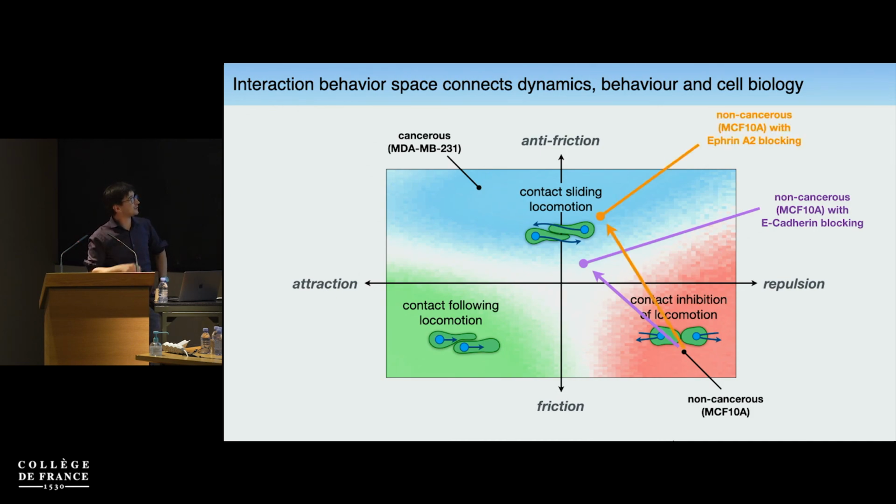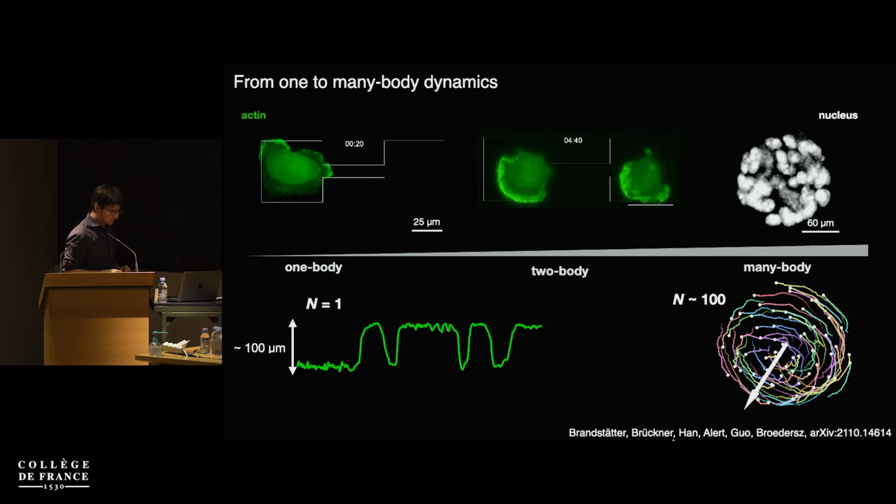We saw something similar by blocking ephrin A2, another essential component for contact inhibition of locomotion. So we're using this approach to try and gain more insight in the underlying molecular mechanism of contact inhibition of locomotion.